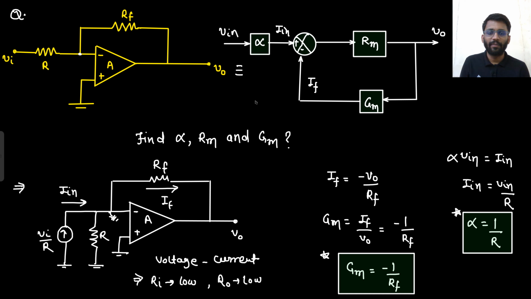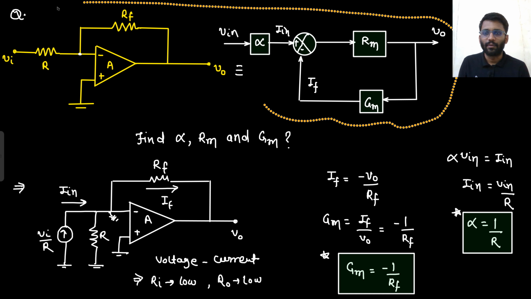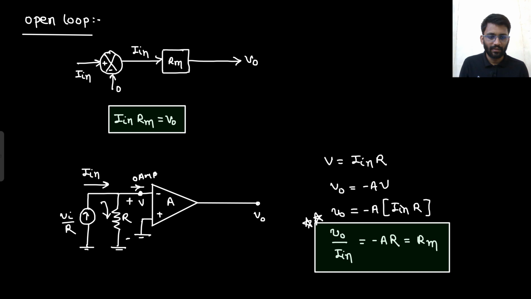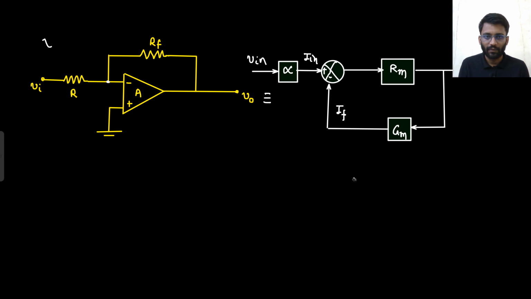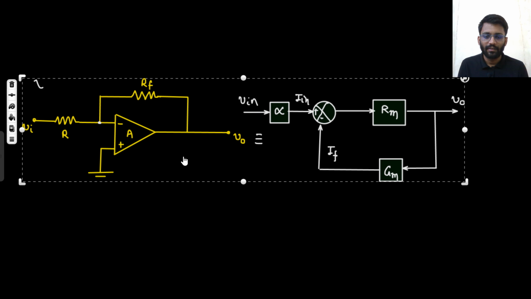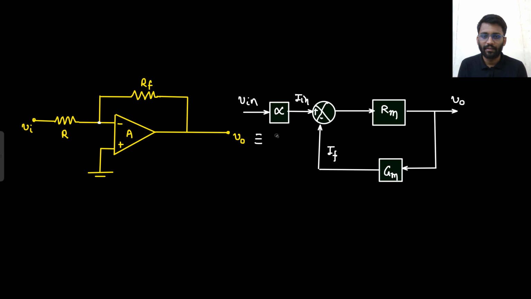So now you can replace this diagram, or you can copy this complete structure. You can tell them that, sir, if you are considering feedback topologies, then my circuit roughly, okay, this will be I in only, this is Rm, this is Gm.